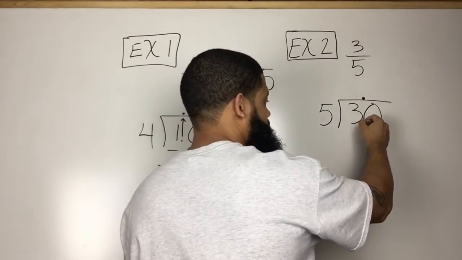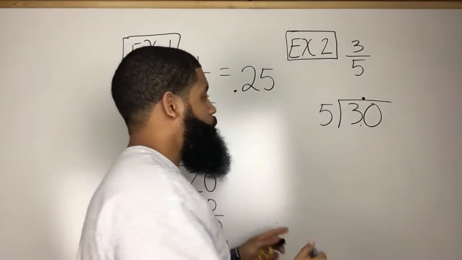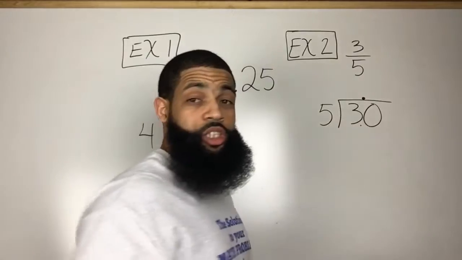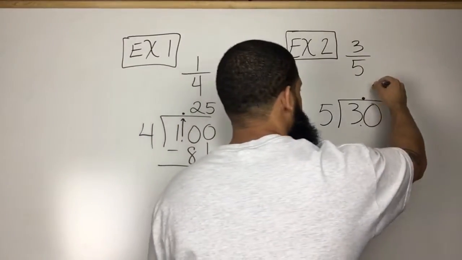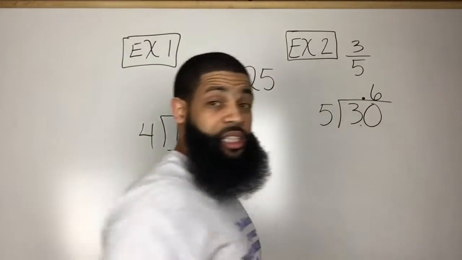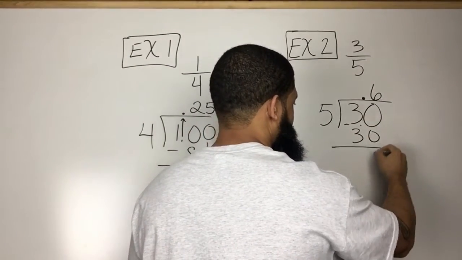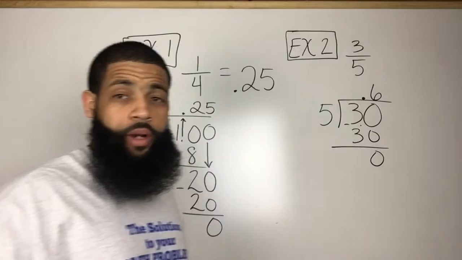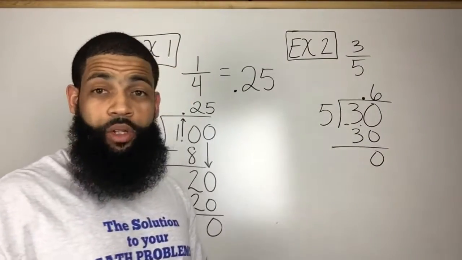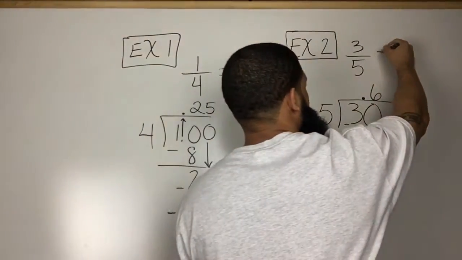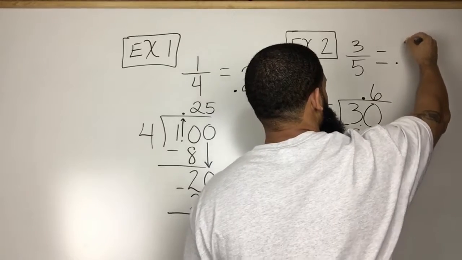Okay, so technically it's 3.0. However, I know 5 goes into 30 6 times. All right, 5 times 6 is 30. And when I subtract, I get 0.